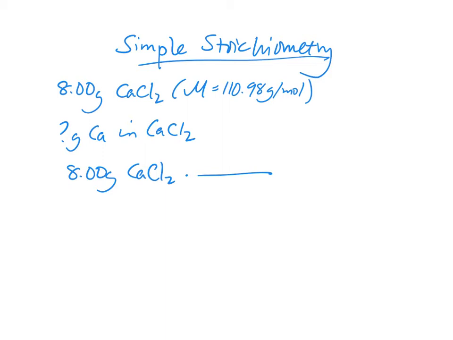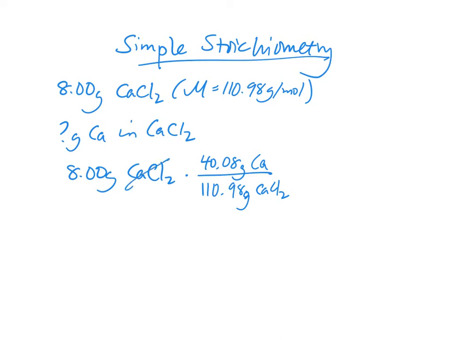That equivalence is simply that there are 40.08 grams of calcium, that's its molar mass, in every 110.98 grams of calcium chloride. That's its molar mass, as stated above. So that's an equivalence. I know that 40 grams doesn't equal 111 grams at all, but every time I have 110.98 grams of calcium chloride, I have 40.08 grams of calcium. They are equivalent in terms of the scope of this problem.